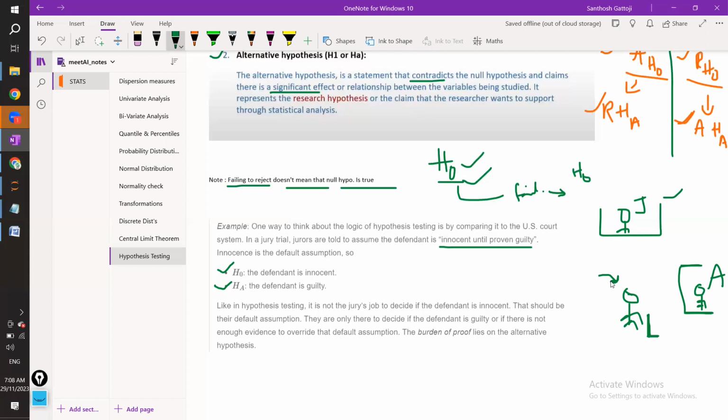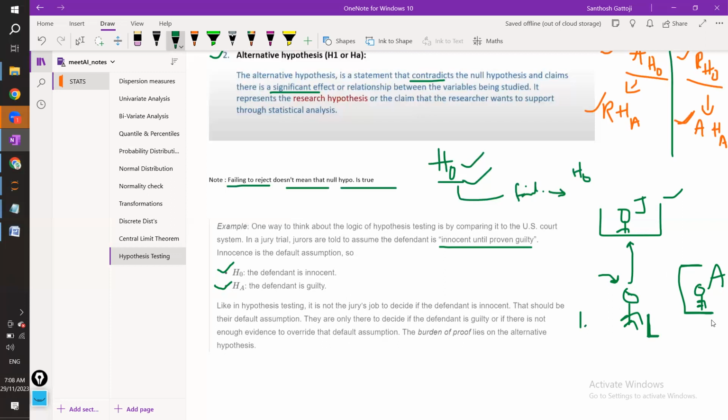But here, let's say in the first trial, this opponent lawyer has come to the court, argued, and submitted some evidence to the judge saying that this guy has actually committed the crime.